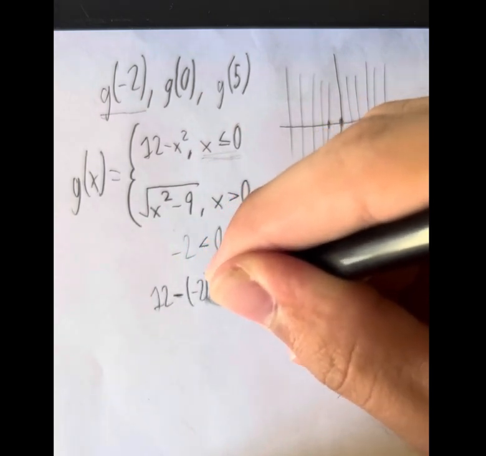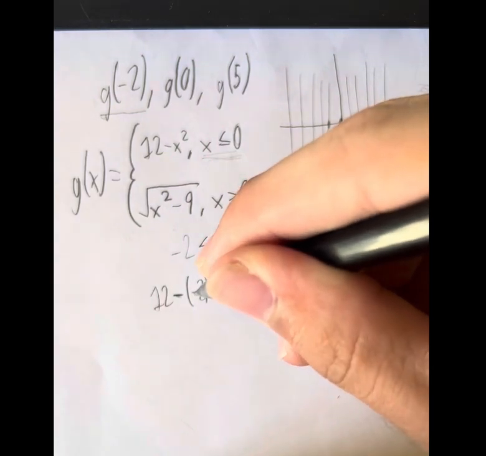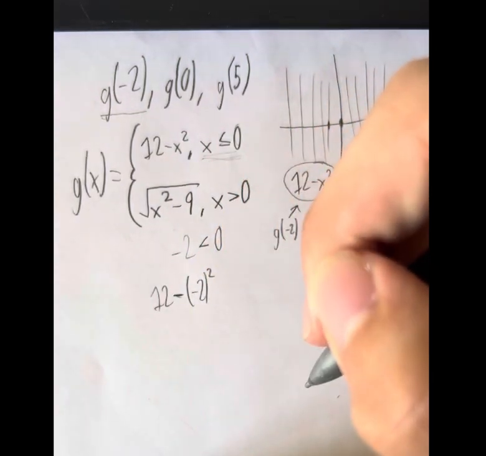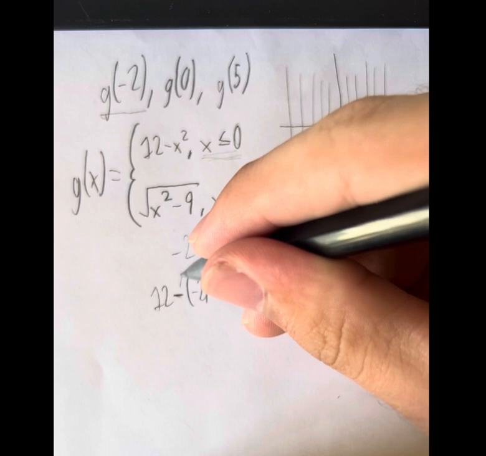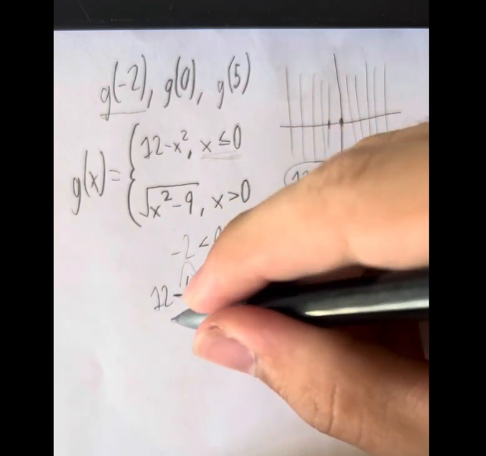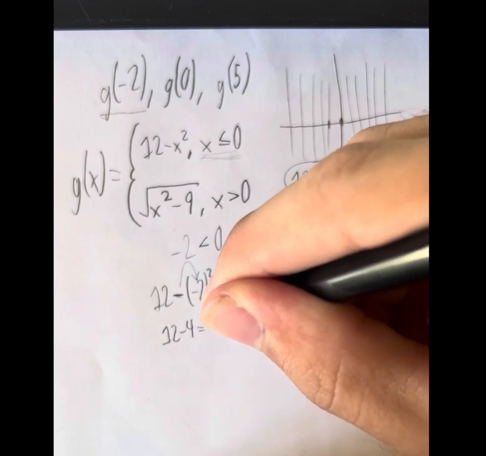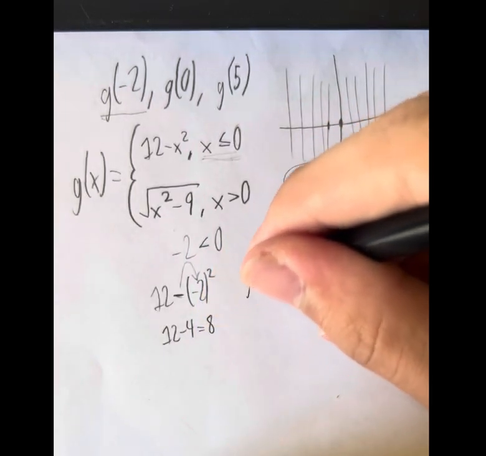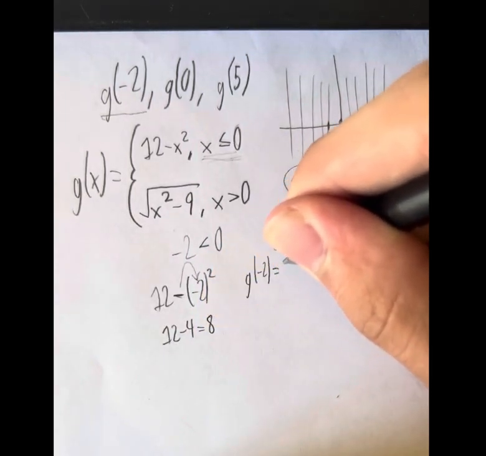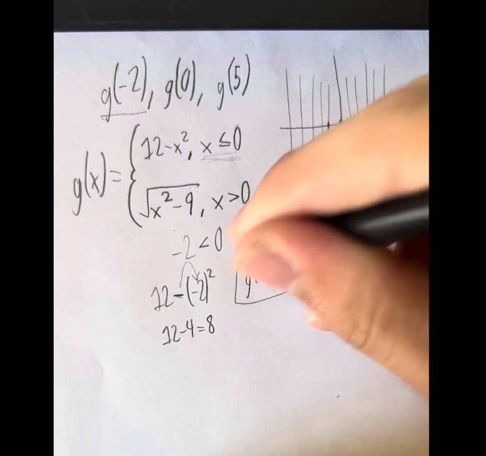So you plug that in. Negative 2 squared is 4, but then there's a negative sign, so you distribute that, and you have 12 minus 4, which is 8. So g of negative 2 equals 8.